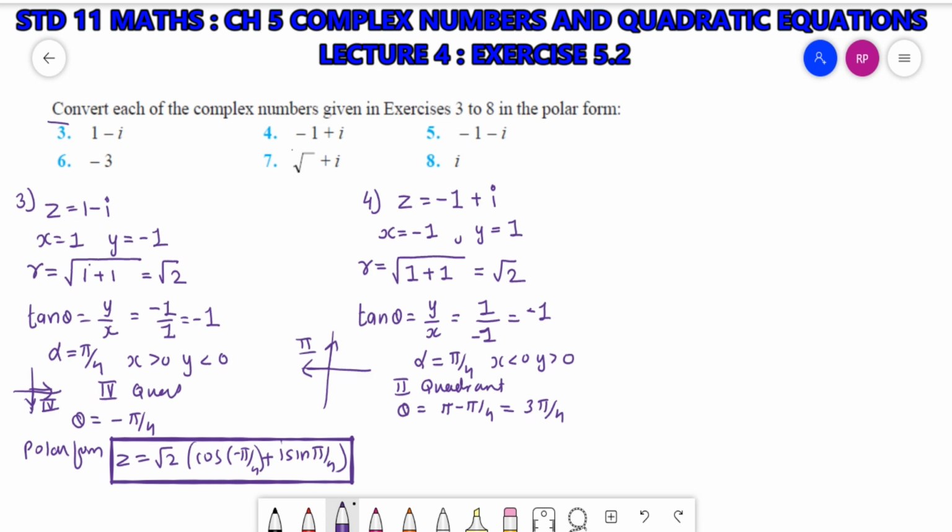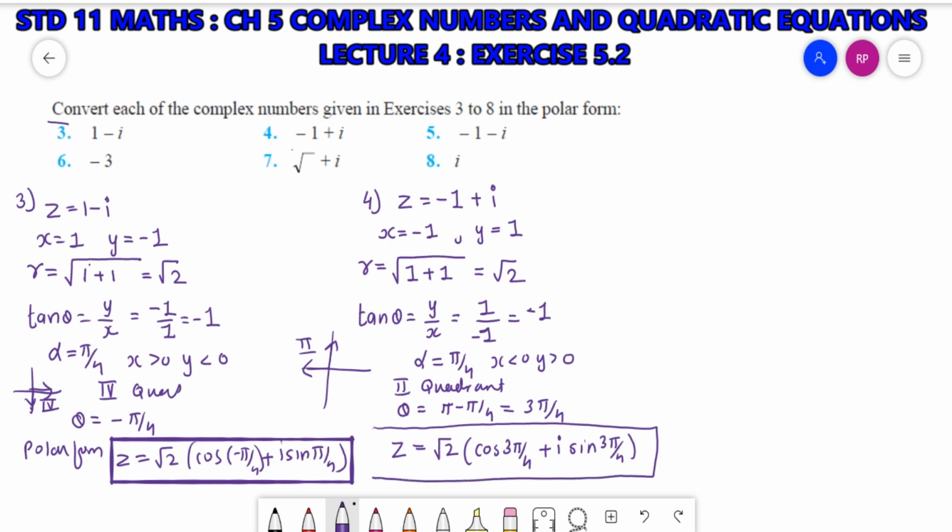So the polar form: z will be equal to r, that is root 2, cos theta, that is cos 3 pi by 4, plus i sin theta, that is sin 3 pi by 4. This is the polar form for question number 4.